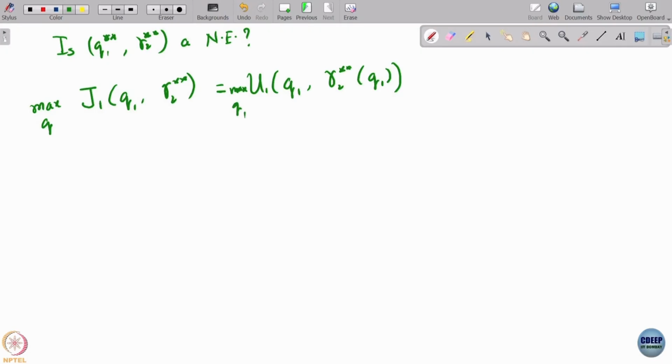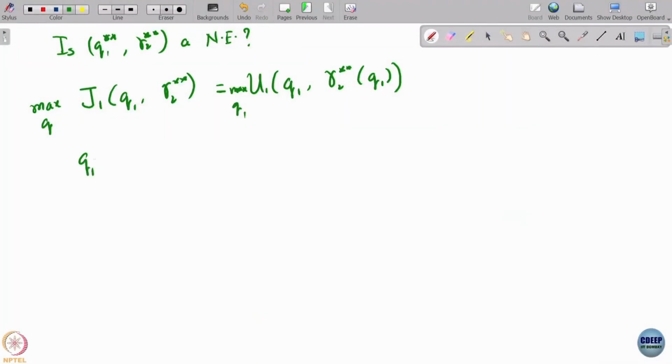Now what is the quantity that maximizes this? It is Q1 star star itself, because Q1 star star was derived from this particular maximization. That is by construction, because of the way we constructed Q1 star star. It actually is the maximizing thing here. Okay. Alright. So good. So one part is done.